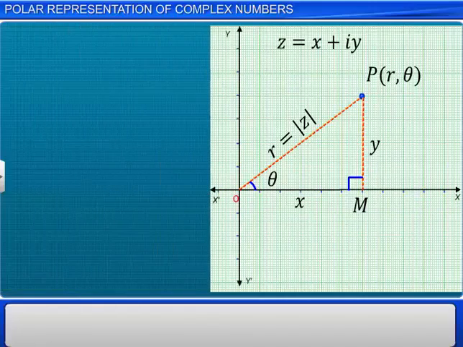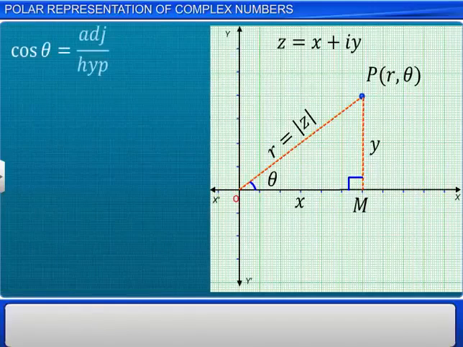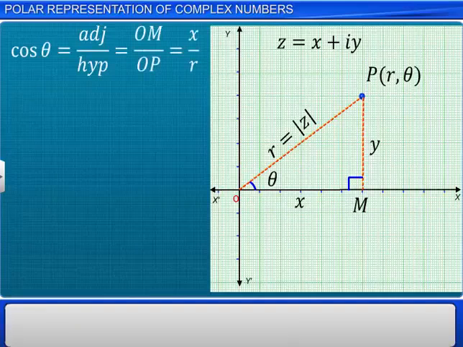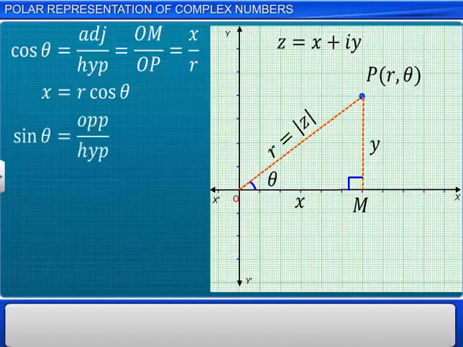By using trigonometric ratios, cos theta is equal to OM divided by OP, which is equal to x divided by r. Therefore, x is equal to r cos theta. Sin theta is equal to PM divided by OP, which is equal to y divided by r.